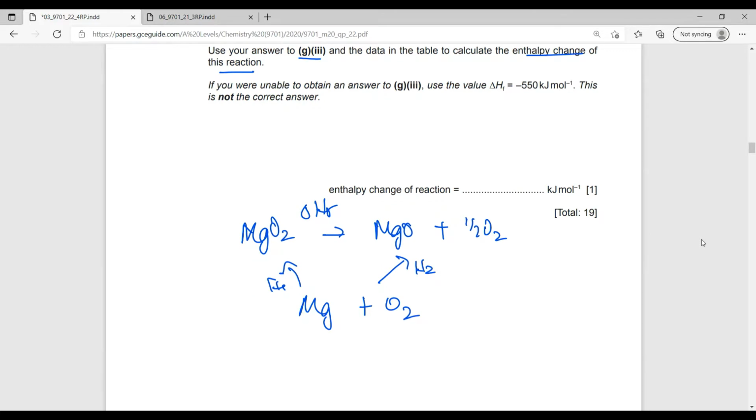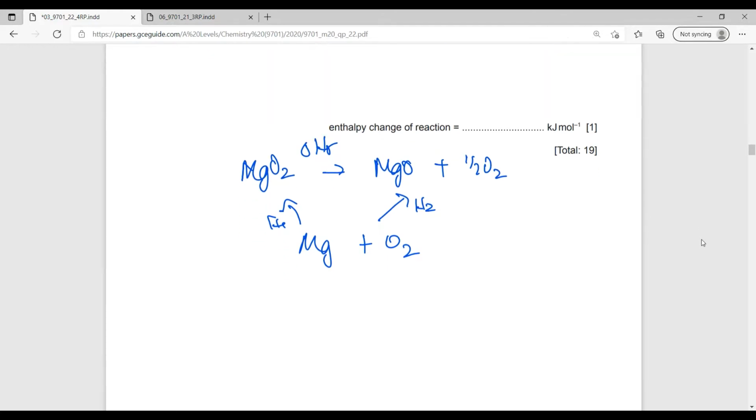So in this case, we're finding out the enthalpy change of this reaction. So this reaction is delta HR, so when you make delta HR the subject, it'll be H2 minus H1. So H2 is the enthalpy change of formation of MgO, which is minus 602, and I'm not including the O2 because it is an element alone, so it does not have an enthalpy change of formation value.